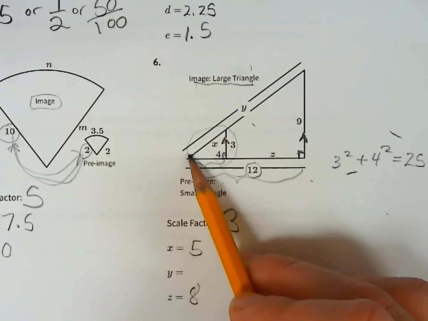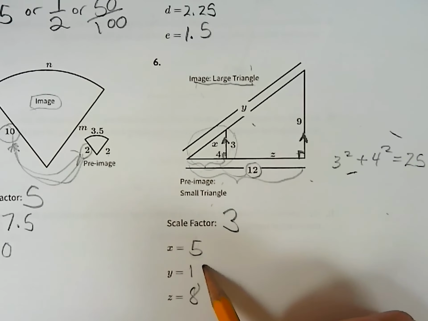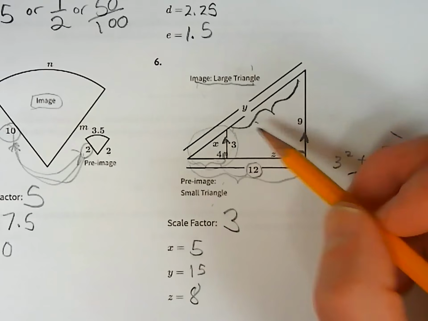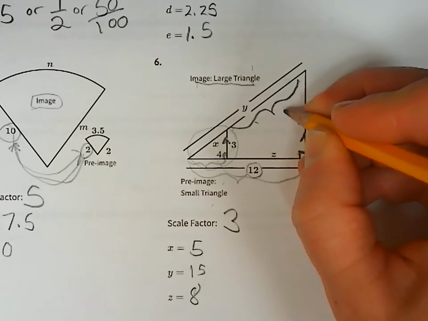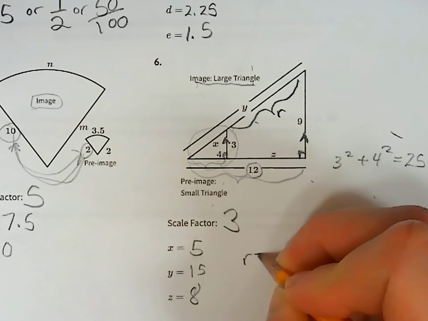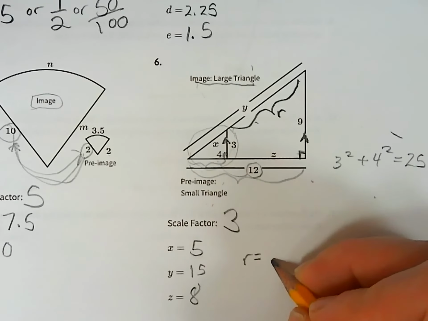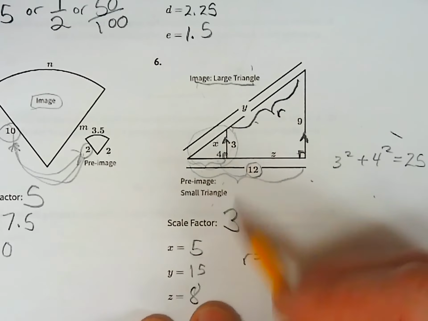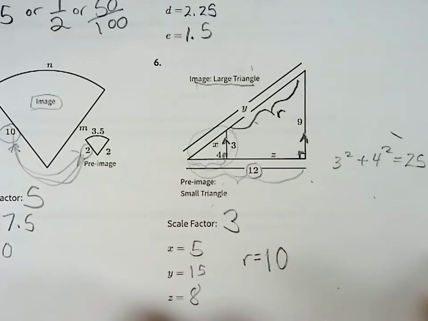Now we can scale it up. Y is 15. And they didn't ask for this, but we're experts, so let's go get them. Let's call this R. And R equals 10. Pretty sure. Yeah, x is 5 plus 10 equals 15. Yeah, I can math it.